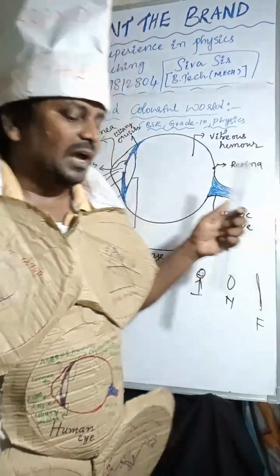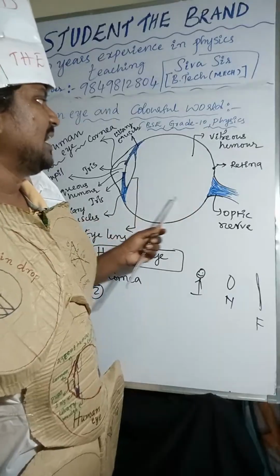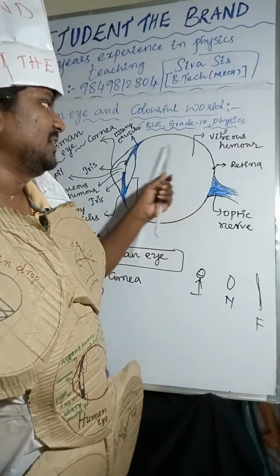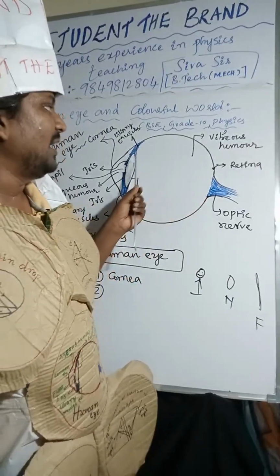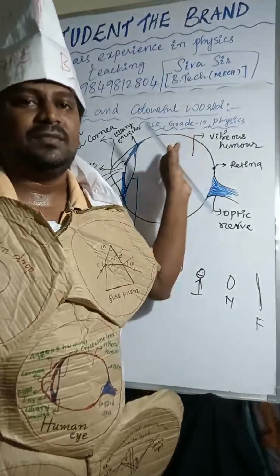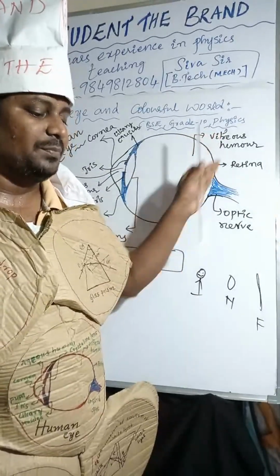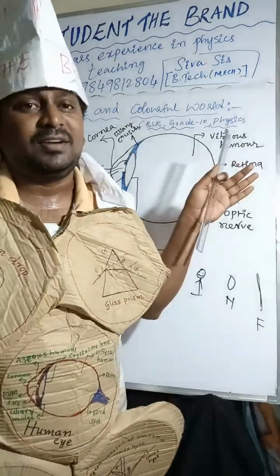blood system. And coming to the next one, this entire portion is filled with vitreous humor, from eye lens to retina.